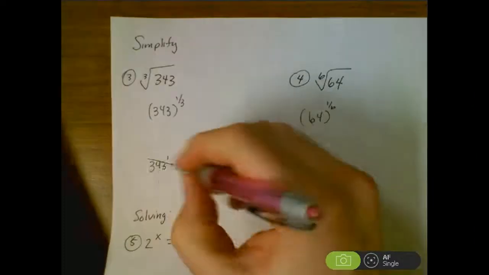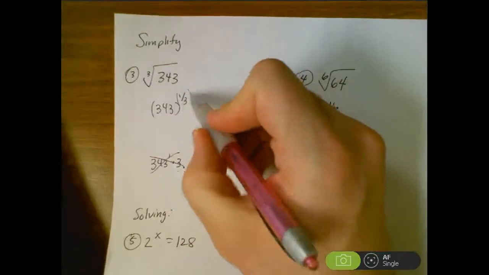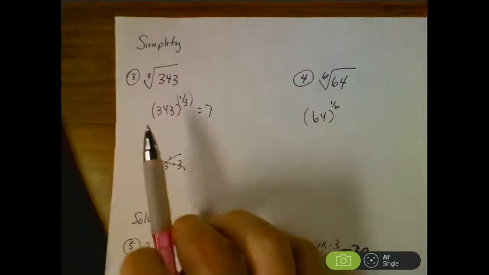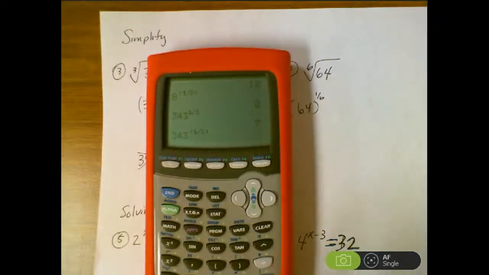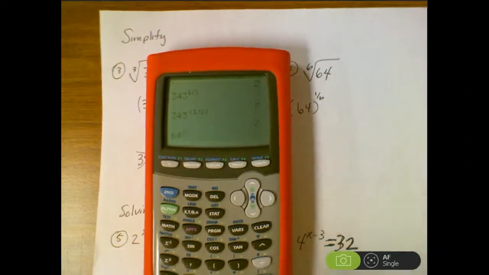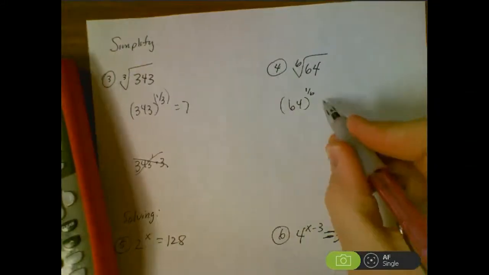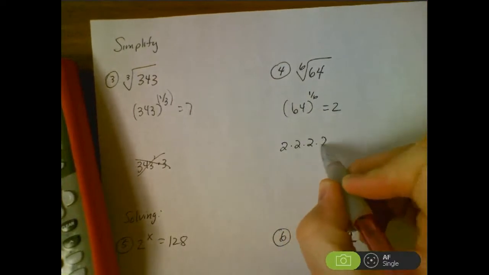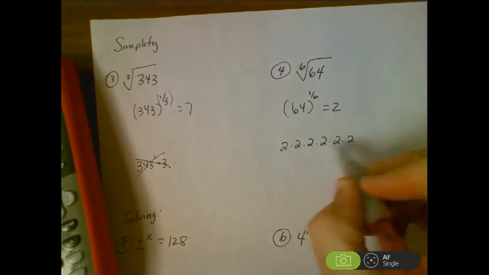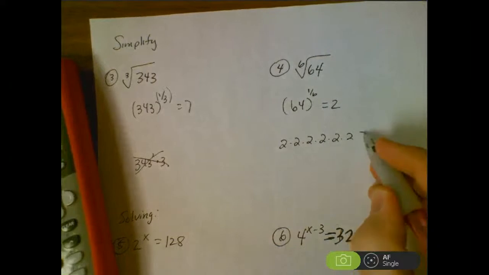And we don't want that. So make sure you put parentheses around here. So the answer to this one is 7. And if we do 64 to the 1/6, we get 2. So this tells me that 2 times 2 times 2 times 2 times 2 times 2, 6 times, is equal to 64.